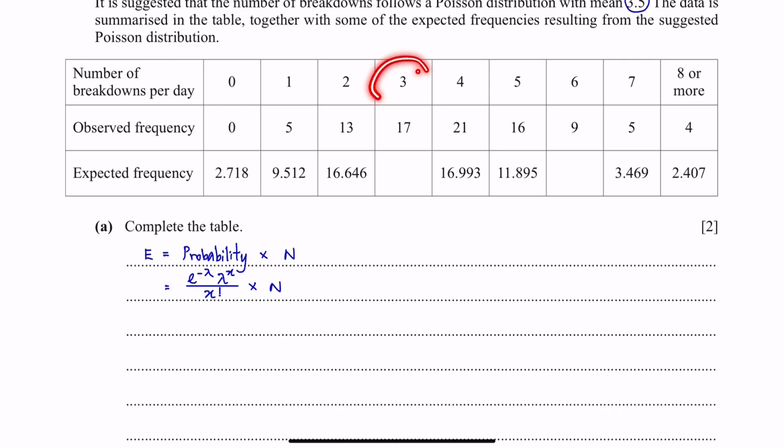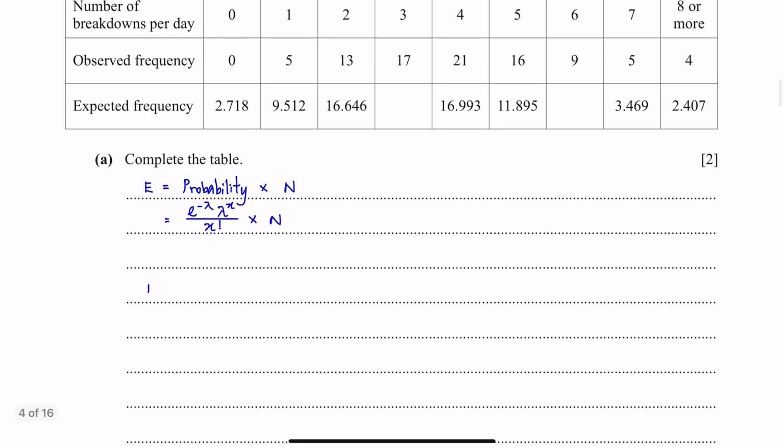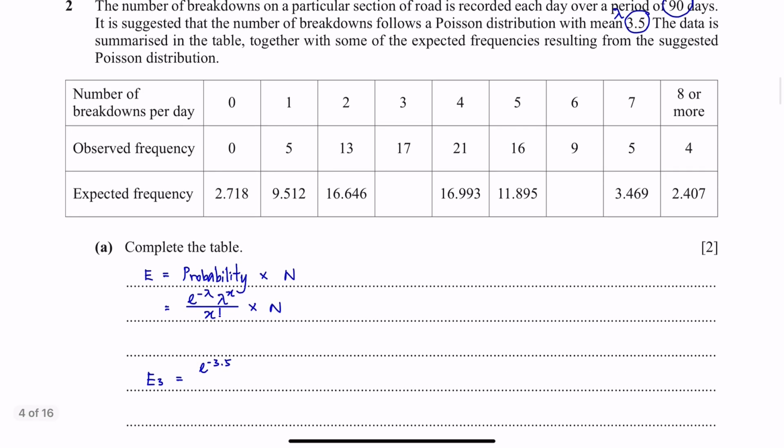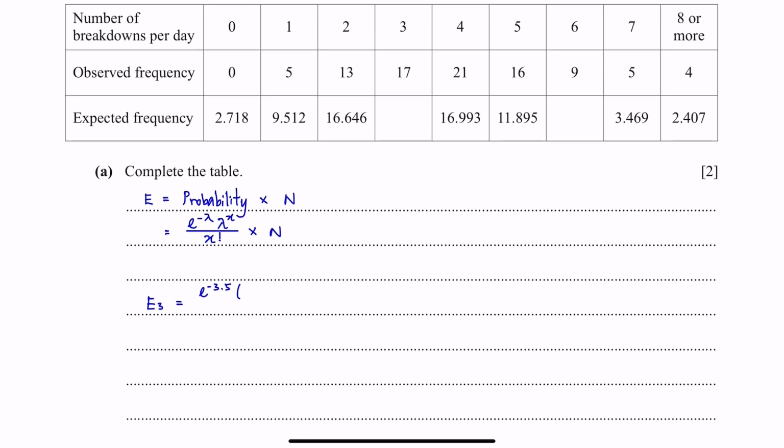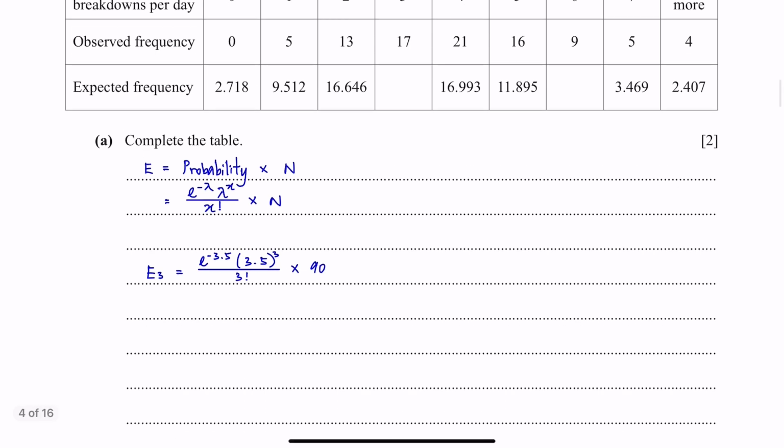So for x equals 3, let's call the expected frequency E3. So we have e to the power of negative 3.5, because 3.5 is our lambda over here, times 3.5 to the power of 3, where 3 is our x value, over 3 factorial, times the number of days, which is 90.